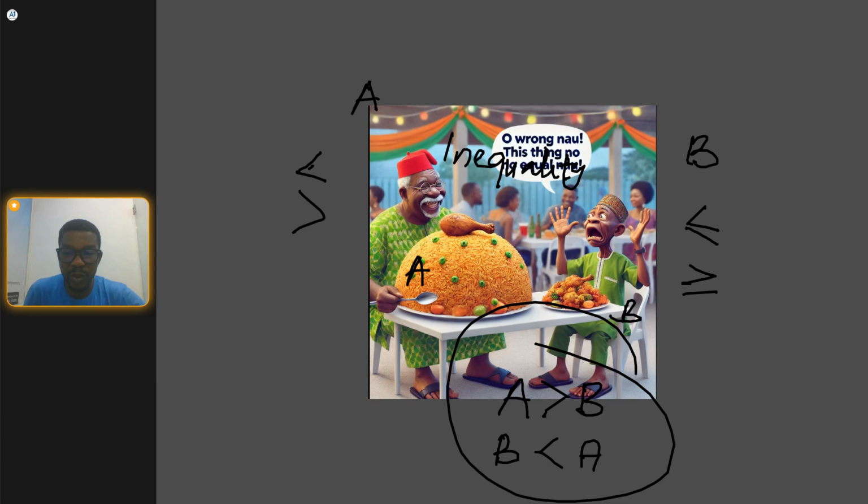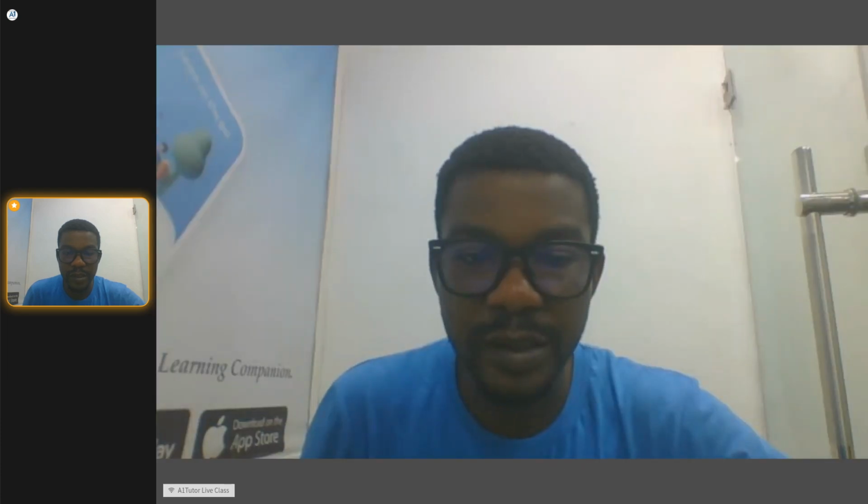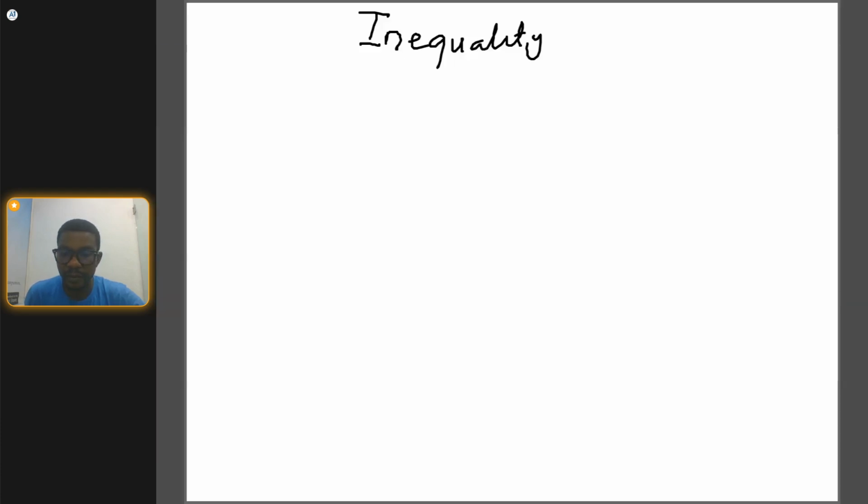Now let's start with revising the graphical representation of inequality, which we did last class. All right, so let's say we have the question: minus 4 is less than or equal to x, which is less than or equal to 4.